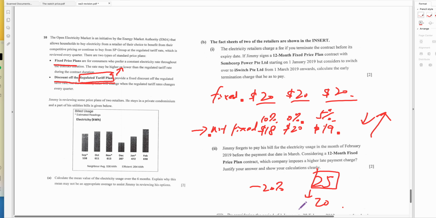Understand me or not? But nobody knows. Okay, so what this question wants you to know is one plan is fixed, the other one is flexible, it fluctuates. Okay, good.